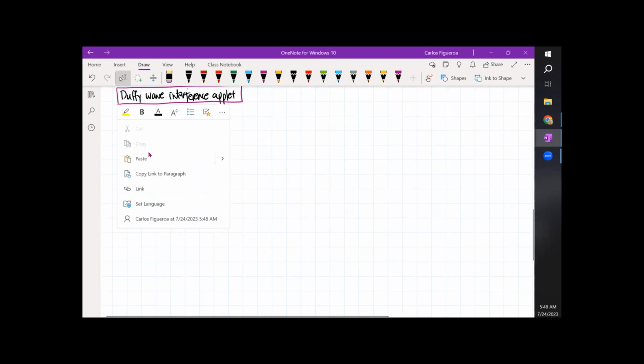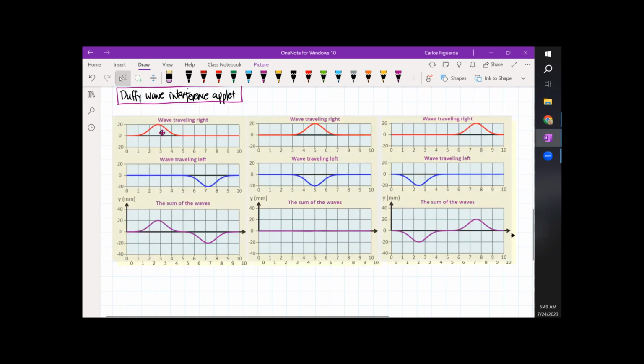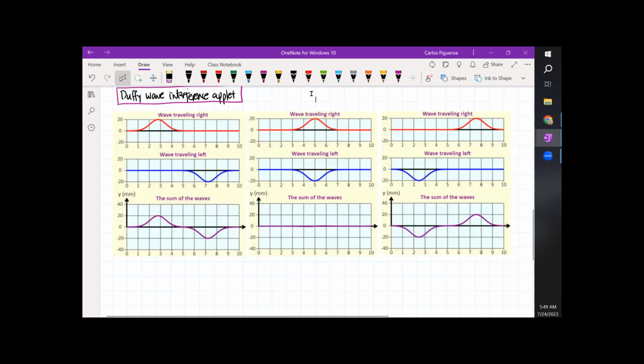There's a couple of things that we want to look at. Here, what we're seeing is that they're going to start to interfere. And then here, they're at the same place and time, which means that they're now interfering.